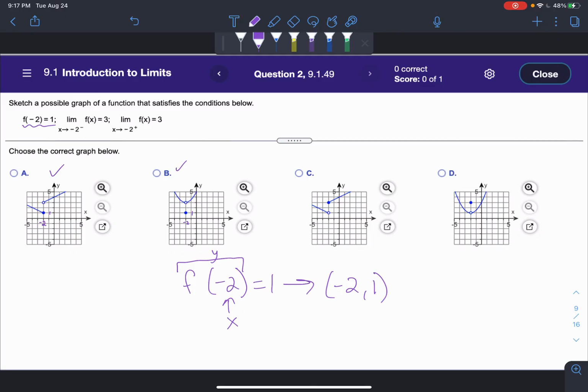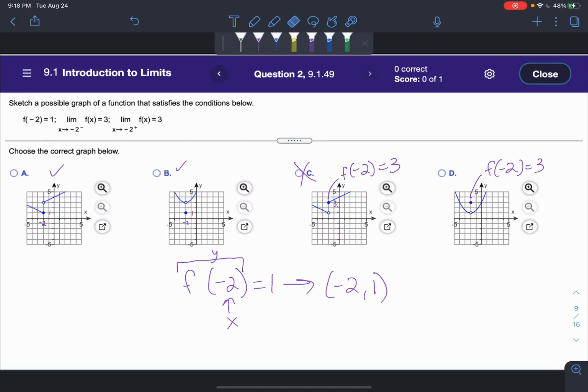C has an open point there, so because it's not filled in here, C cannot be it, because this is where the function exists at x equals negative 2, and that would be 1, 2, 3. So not 1. And then same here, f of negative 2 is 3. Okay, so now we're looking between A and B. So let's look at the second condition.